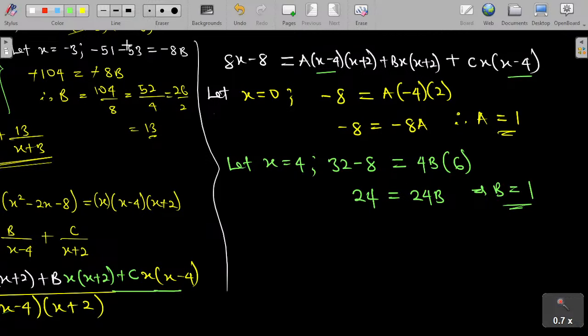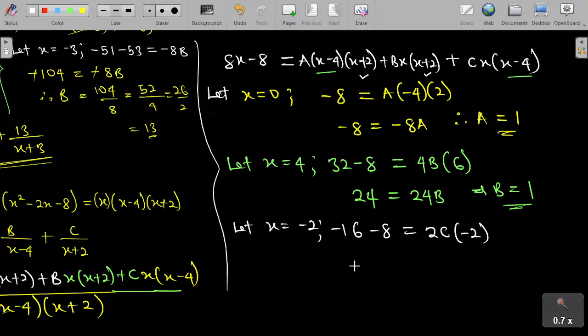And then finally, we will try to get our c, the same approach. Look for how to eliminate a and b. To do that, you look for a bracket that is common to them. And x plus 2 is common to b and a, and it means that my x should be equal to minus 2. So I'll put it across. Minus 2 times 8 is minus 16. Then minus 8 is equal to, a will turn to 0, b will turn to 0. My c will become 2c into 2 minus 4, which will be minus 2.